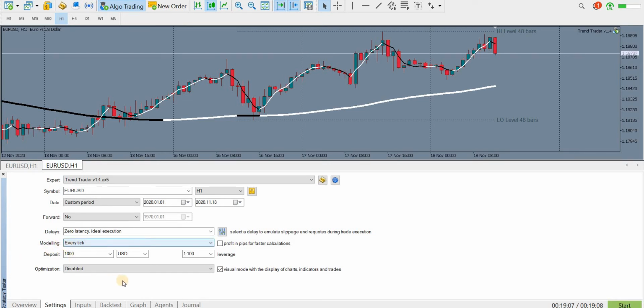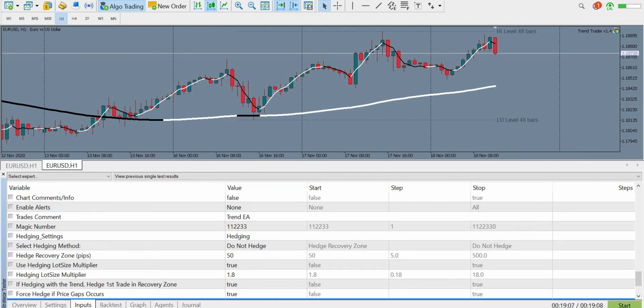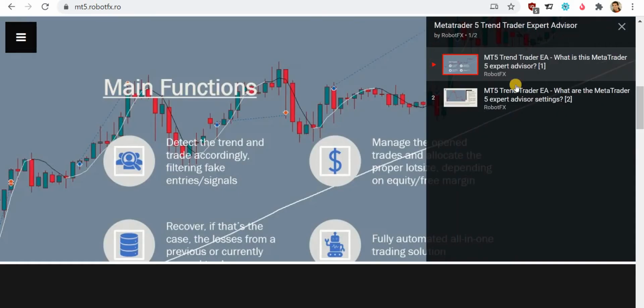And trading every tick. I'm not using the cloud computing. I'm still a little confused about how Metatrader 5 uses that, so I'm testing locally. No optimization for now.